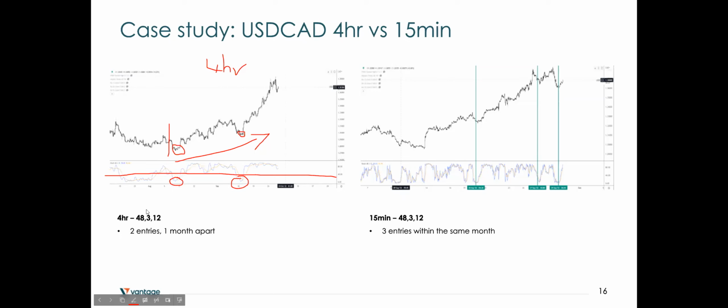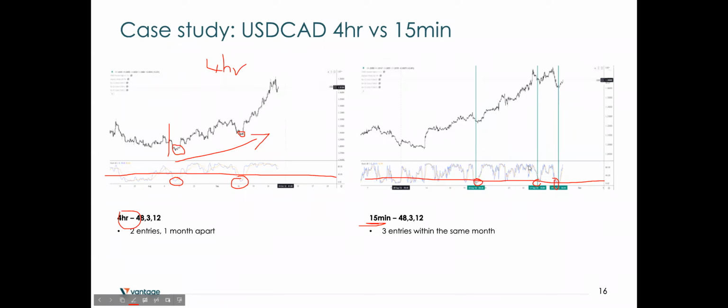But if you drop this 4 hours to a 15 minutes time frame, you'll realize that same chart right now, I'm getting more signals. Again, I only look at values that are below 20. So just by reducing your time frame of the chart, you can increase it by 1 additional value.